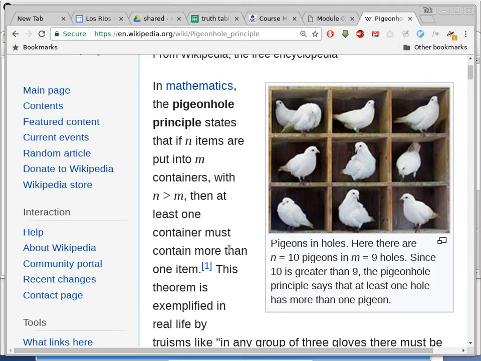So we negate that, which basically means all cubbies have at most one thing. If all the cubbies have at most one thing, then the summation of all the things in all the cubbies is going to be less than or equal to the number of containers. In other words, we know that n is less than or equal to m.